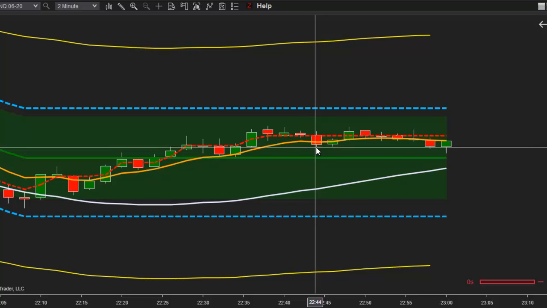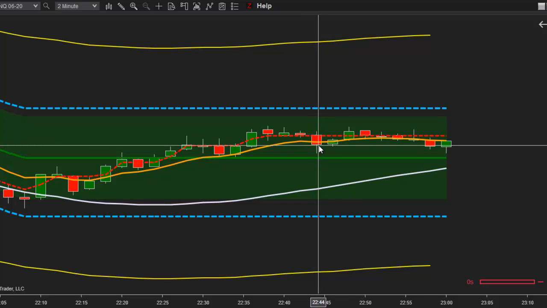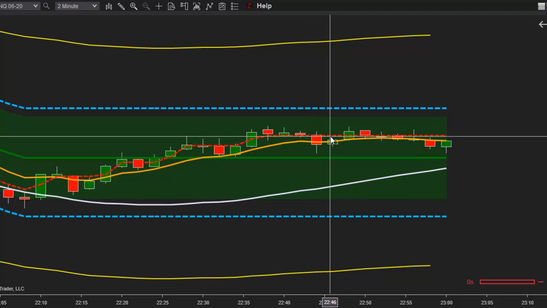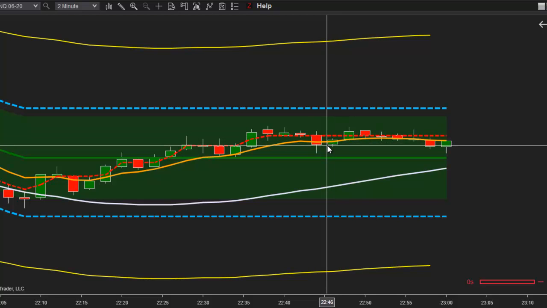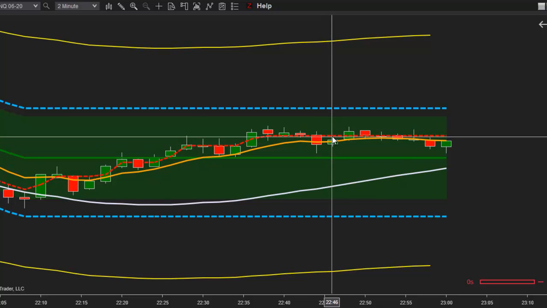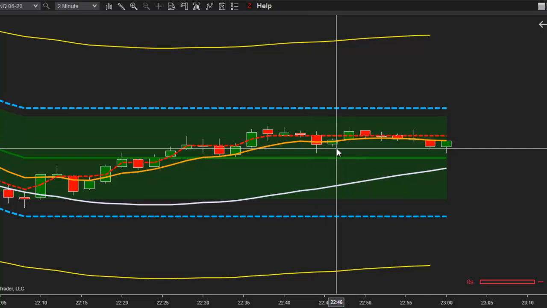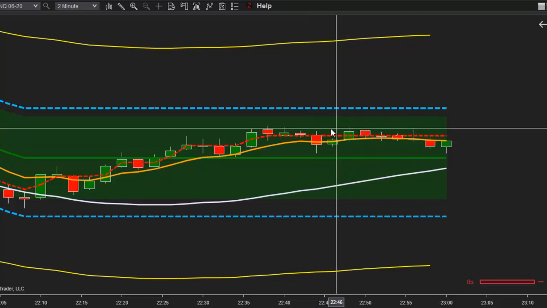This is what I'm talking about. I would buy here, it's under, knowing it's just going to go to green, just to go to the red line. So if I got filled somewhere here, just say 14 and go to here, 17, I got another 3 points. So there are 7 points right here.